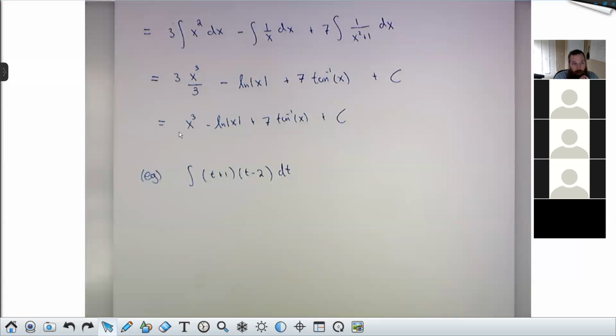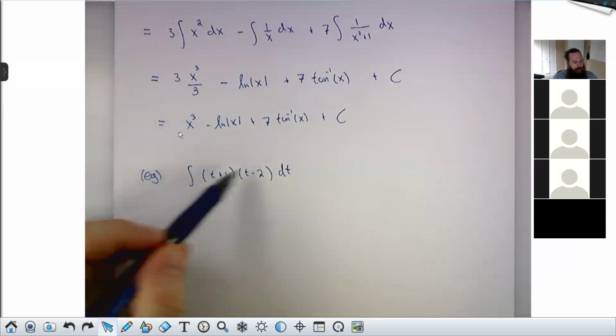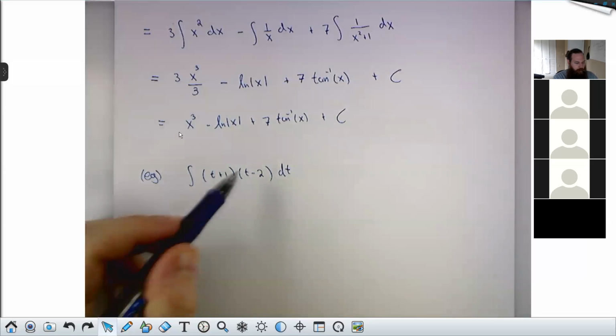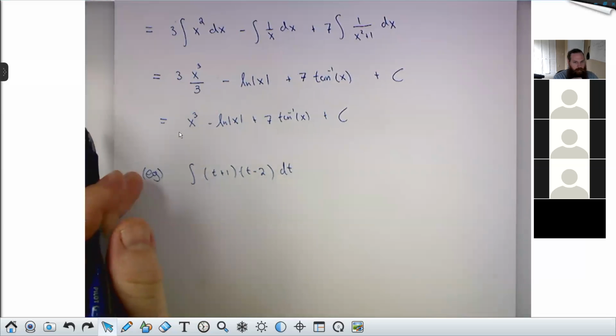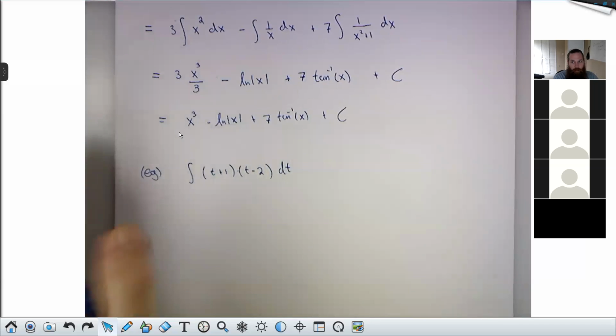I'll tell you what I can't do. What I cannot do is integrate these two pieces on their own and then multiply them. That doesn't work. Just like derivatives don't play nice with multiplication, you need a product rule.